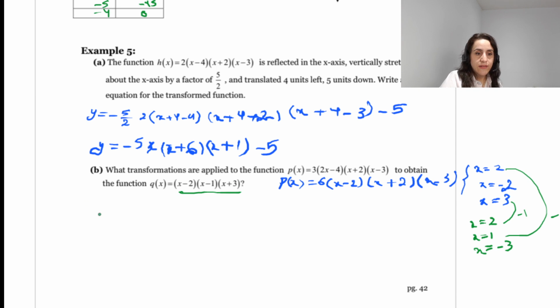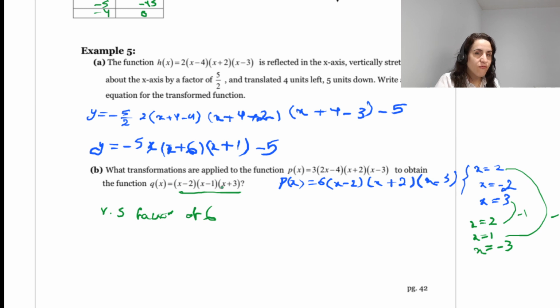Then the transformation that's happened, I can say vertically stretch by factor of 6. How about the x's? I can say 1 unit to the left or right: x minus 2 moves to x minus 1.